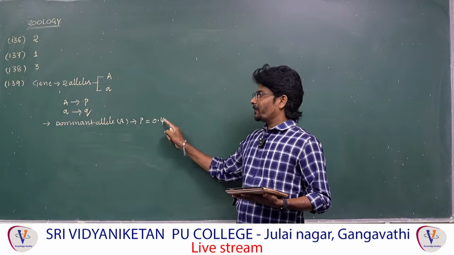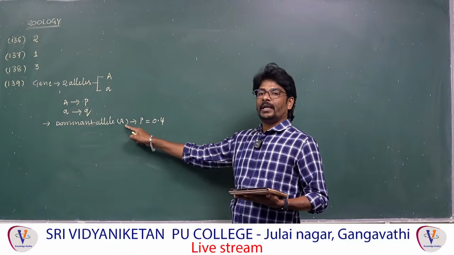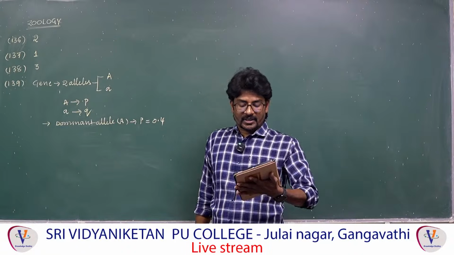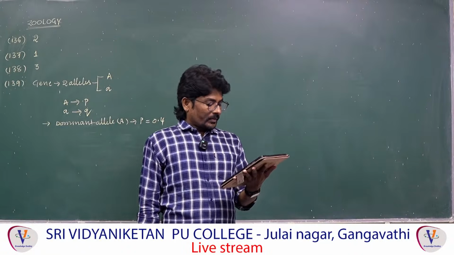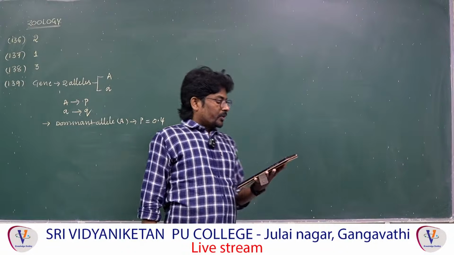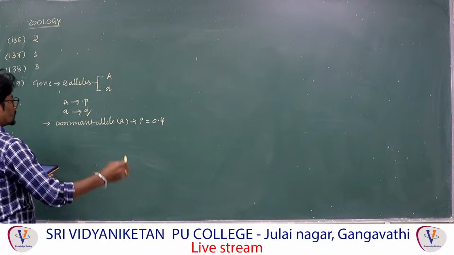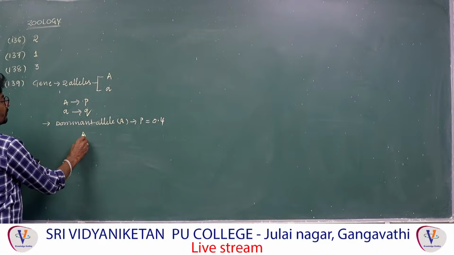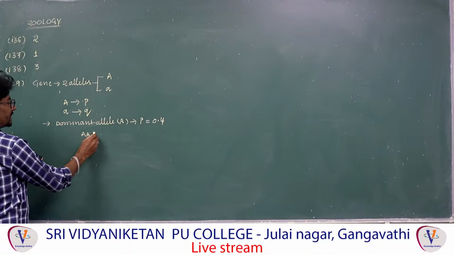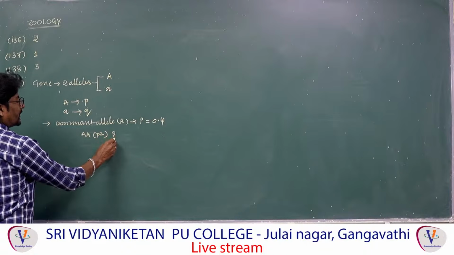The frequency of the dominant allele A, capital P, is given as 0.4 in the Hardy-Weinberg equilibrium equation. What will be the frequency of homozygous dominant? Homozygous dominant capital A A is P square.